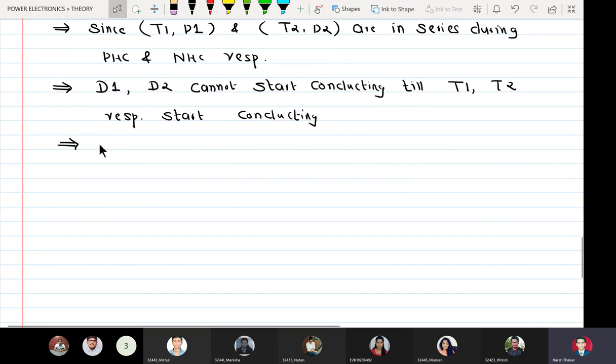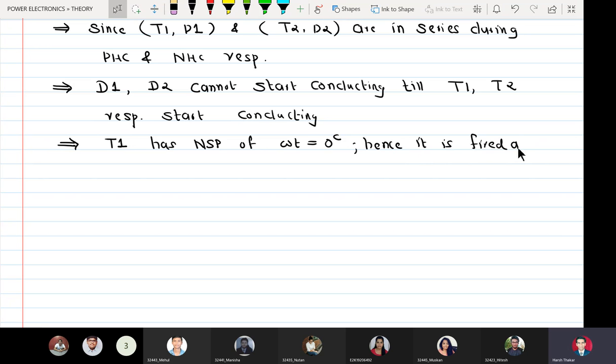Next, T1 has the natural switching point of omega t equal to 0 radians. Hence, it is fired at alpha 1 equal to 0 radians plus alpha equal to alpha radians.